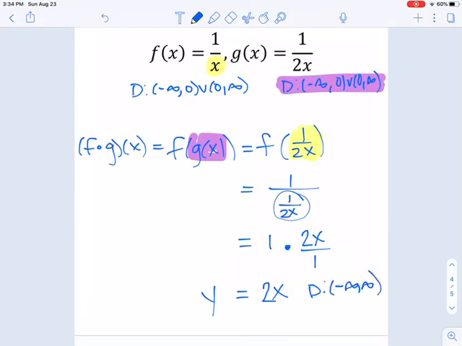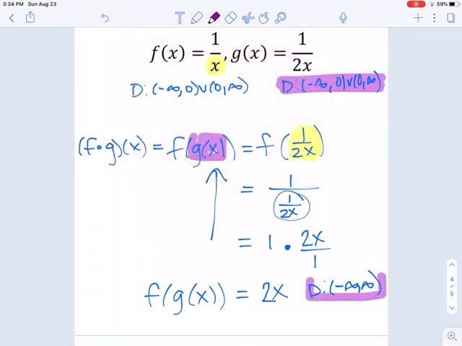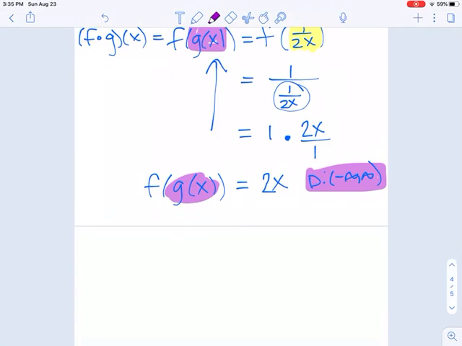Now, y equals 2x would have a domain of all real numbers. But this isn't just y equals 2x. This is the composition. And since the inside function had a domain of everything but 0, we need to see how that compares to this domain here.